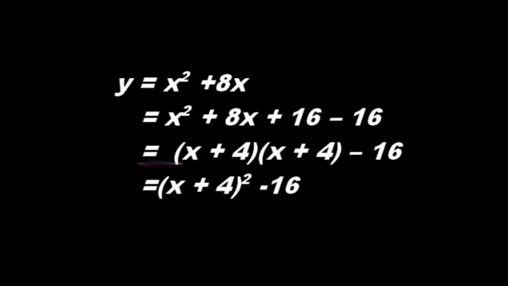Because x plus 4 squared can't be negative, the minimum value of the function is minus 16, and this occurs when x plus 4 is 0, that's to say when x is minus 4.